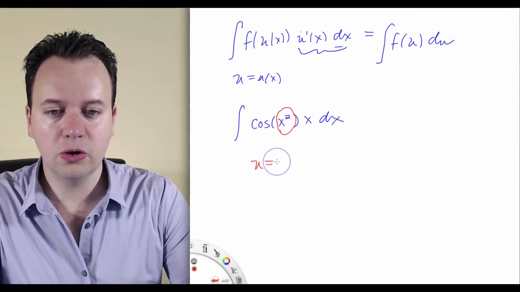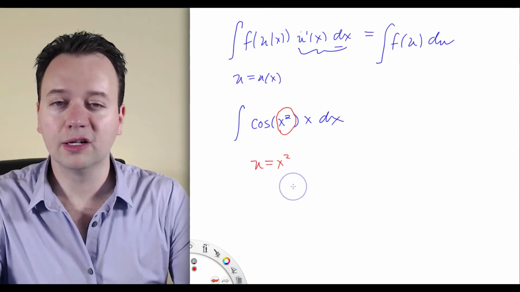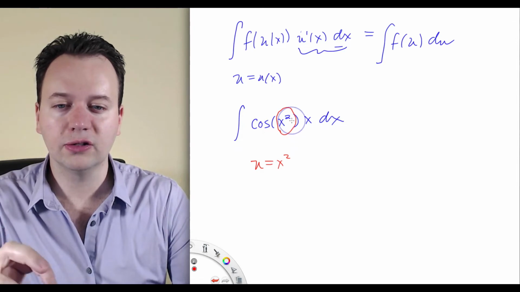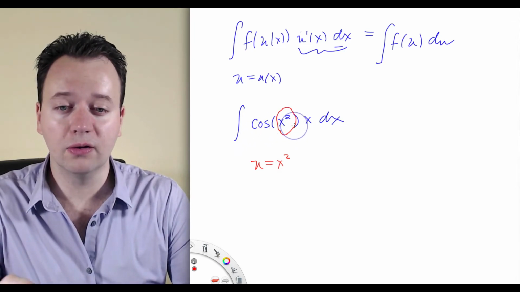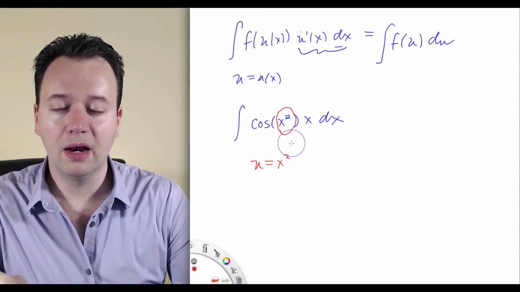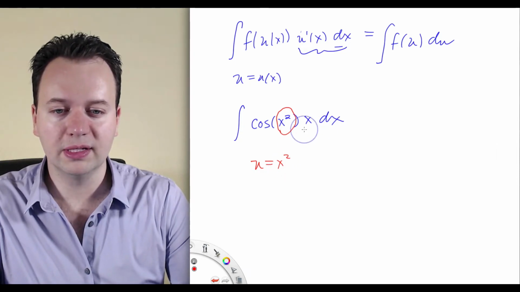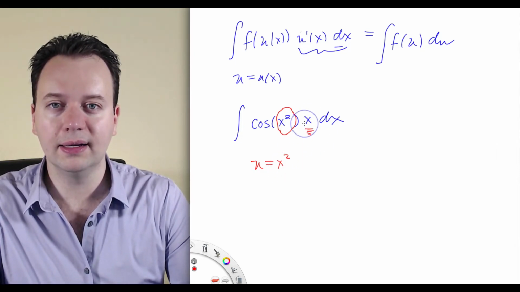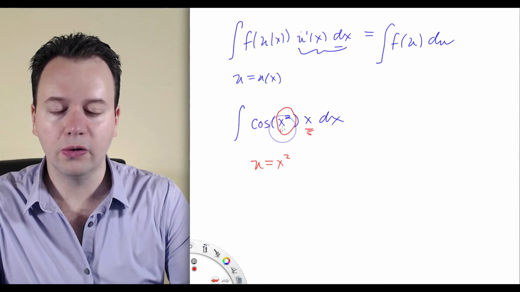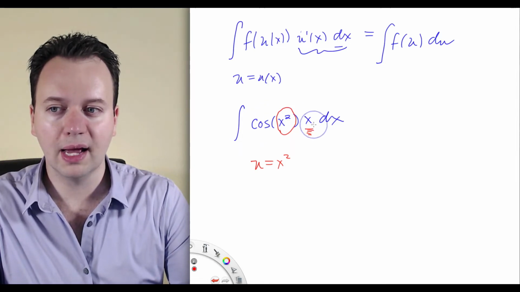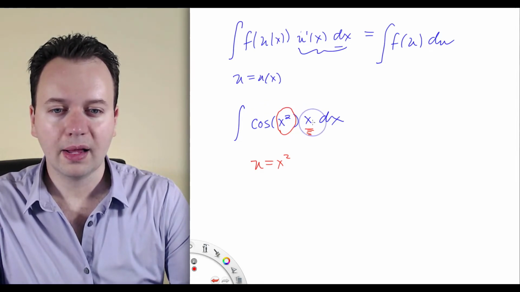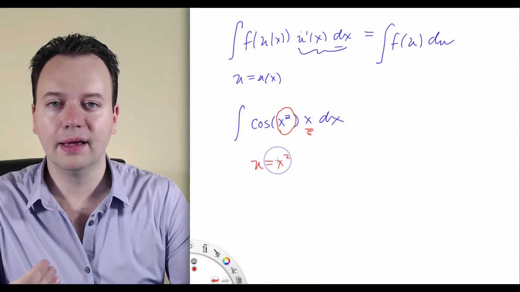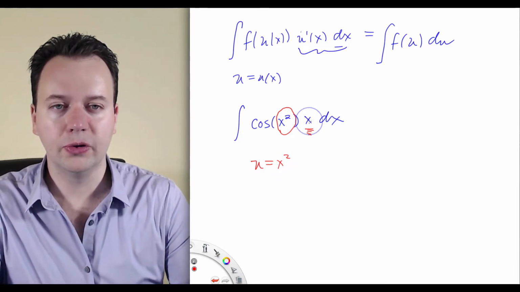We would set u is equal to x squared, because by doing this, cosine of x squared would become simply cosine of u. And the other reason we choose x squared is we see the x sitting outside of the cosine of x squared, but inside the integral, and x is basically the derivative of x squared up to a constant.